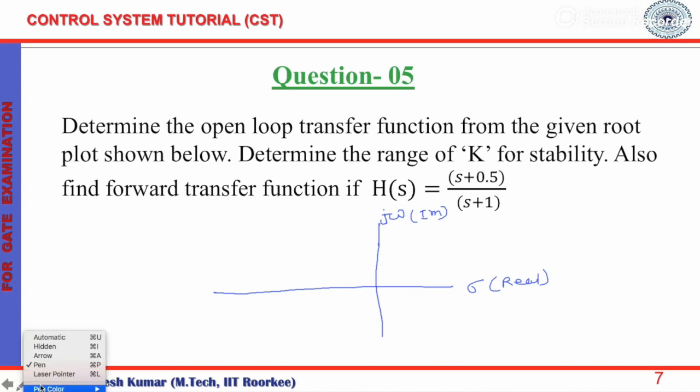What else is given? It is shown like a pole at 0 is there. One more pole at -1 is there, and one more pole at -2 is there.